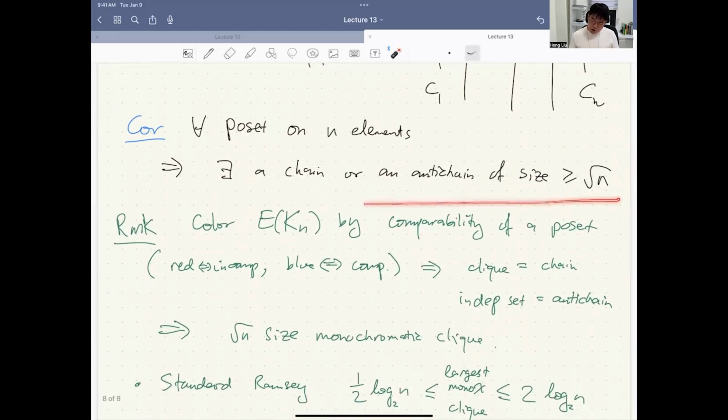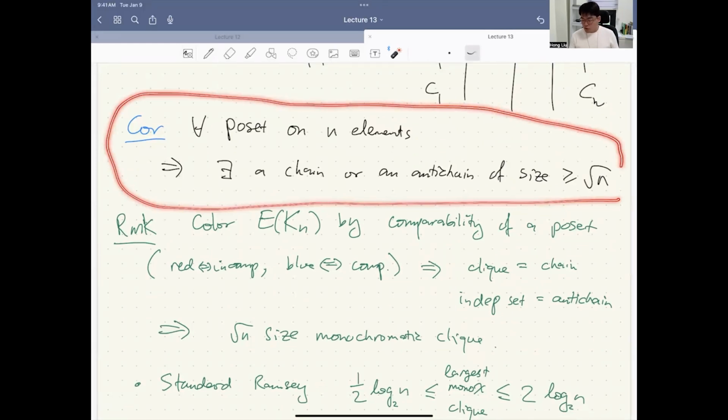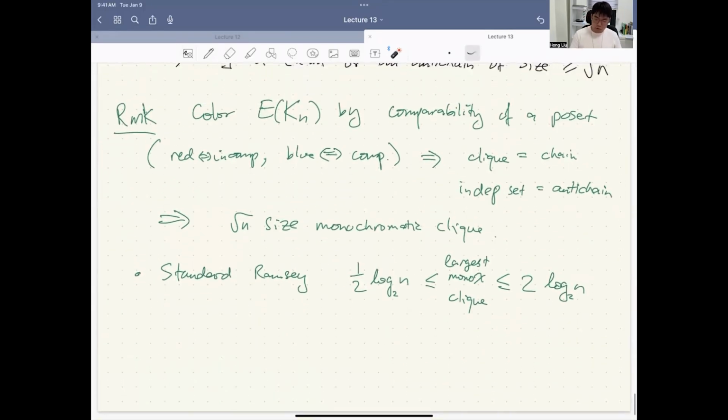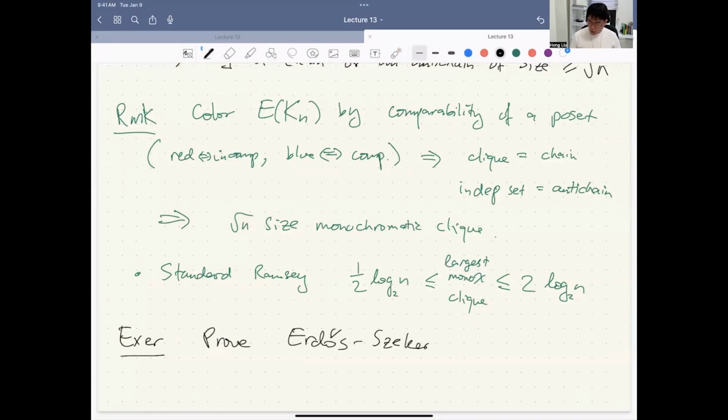As an application of Dilworth, which is an application of this corollary, prove Erdős-Szekeres, monotone sequences.